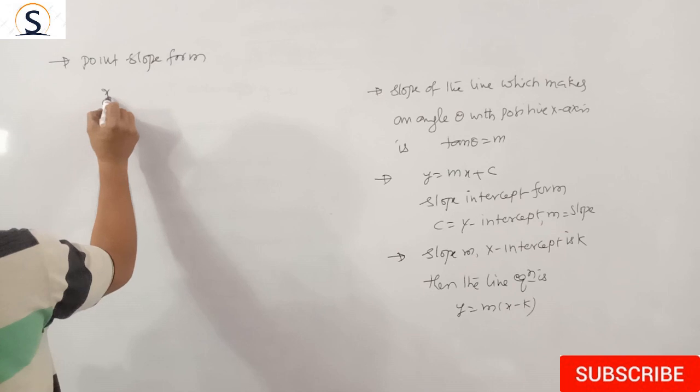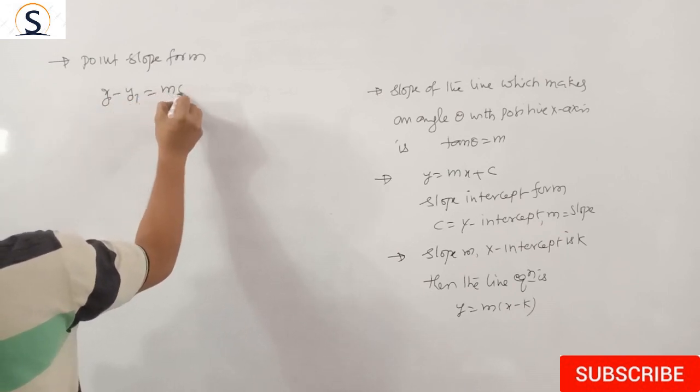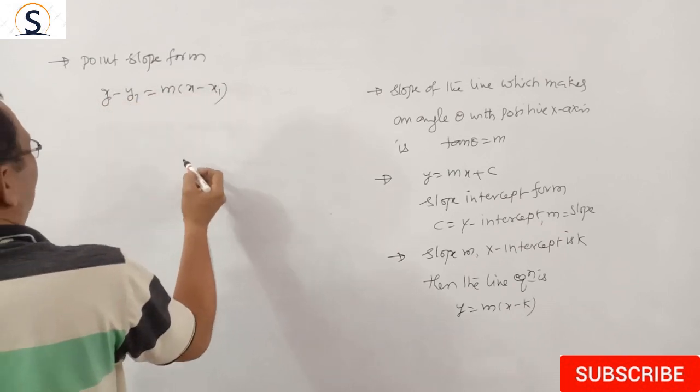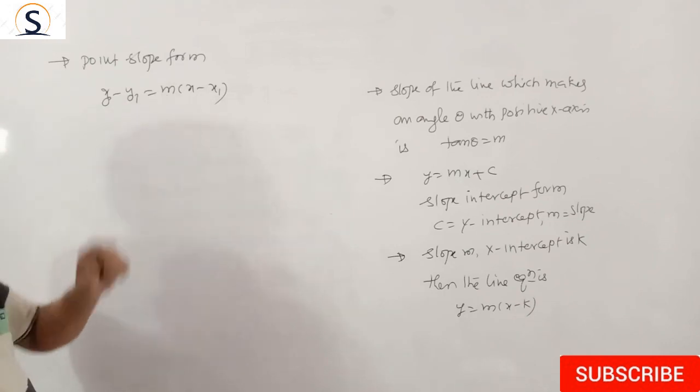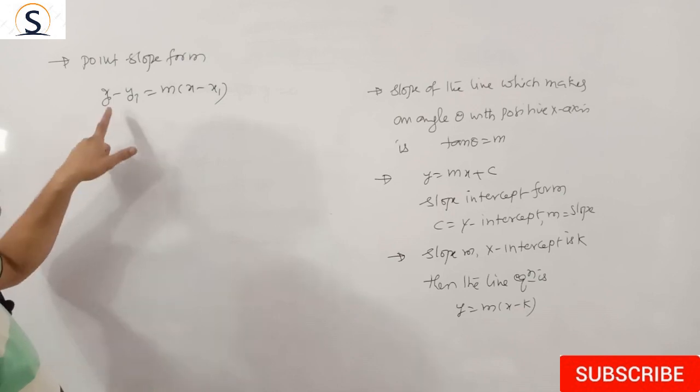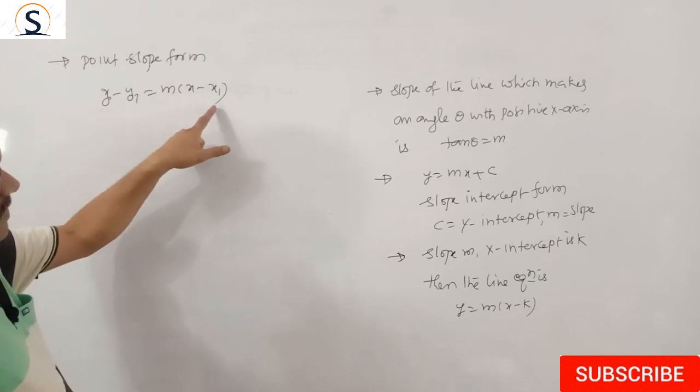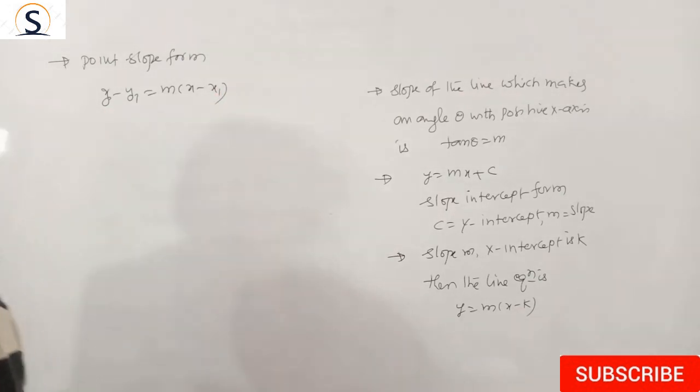So y minus y1 is equal to m into x minus x1. That means m is the slope of the line and it is passing through the point (x1, y1). Therefore y minus y1 is equal to m into x minus x1 is the line equation.